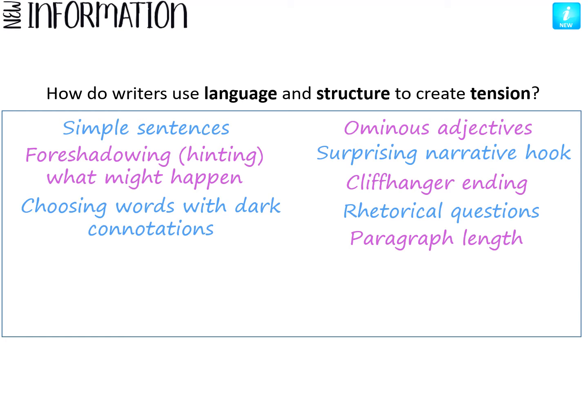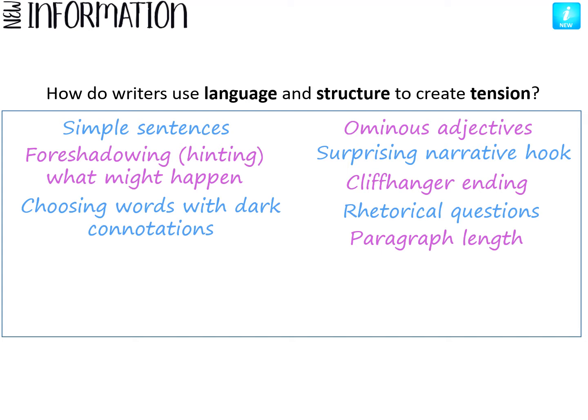Choosing words with dark connotations. We've done a lot of work so far on vocabulary and menacing words like abyss, perish, and so on and so forth. Ominous adjectives, descriptive words that create that sense of menace. Surprising narrative hooks, for example, Jaws giving us the point of view of the shark, the seaman being captured and eaten by the devilfish in Captain Nemo.